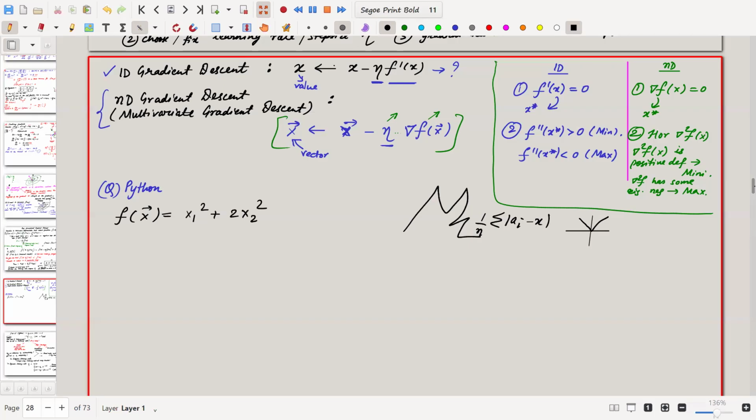How many of you think it is differentiable? Non-differentiable. Mr. Chakko, why do you think it is non-differentiable?